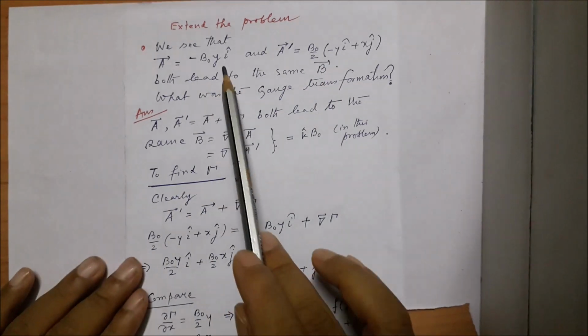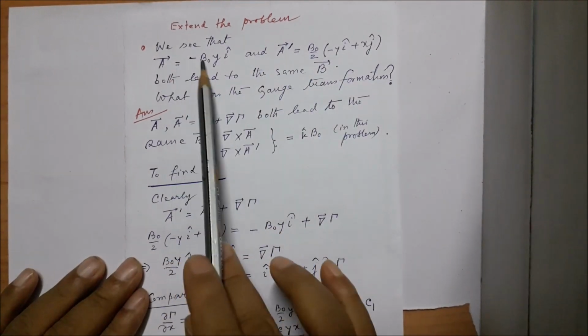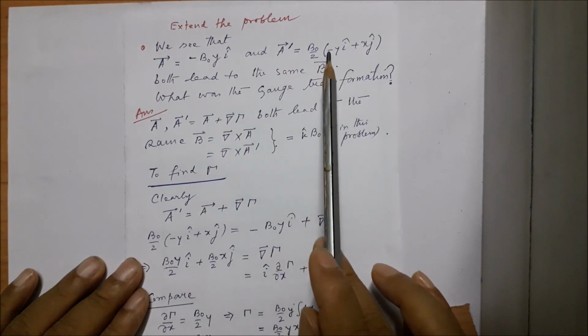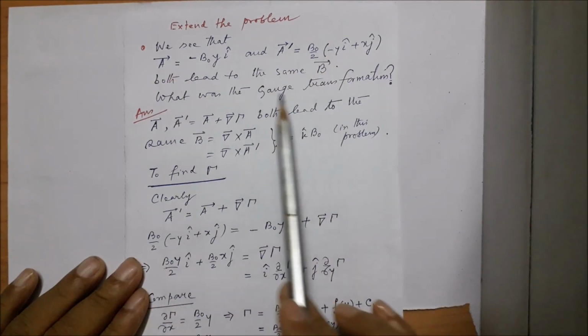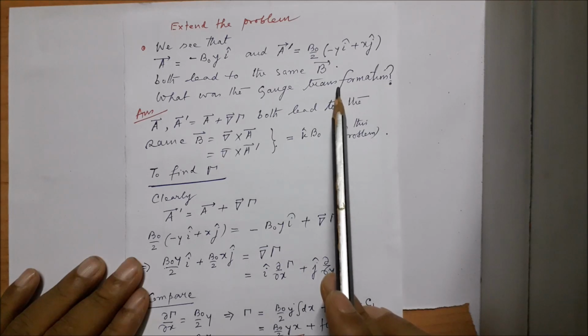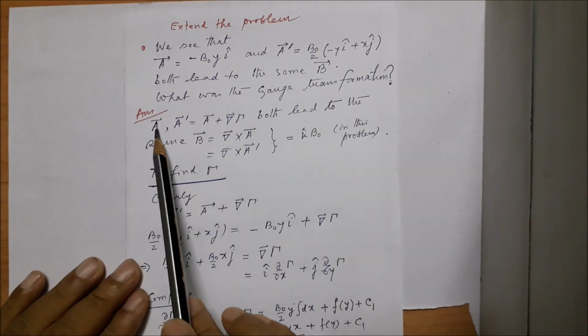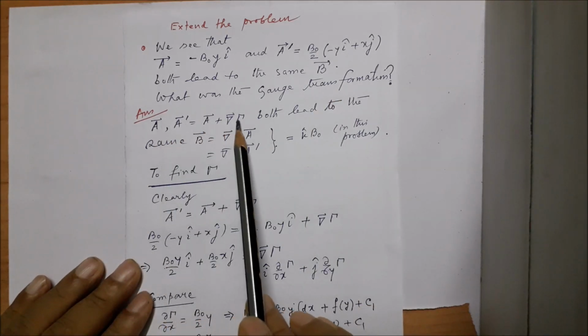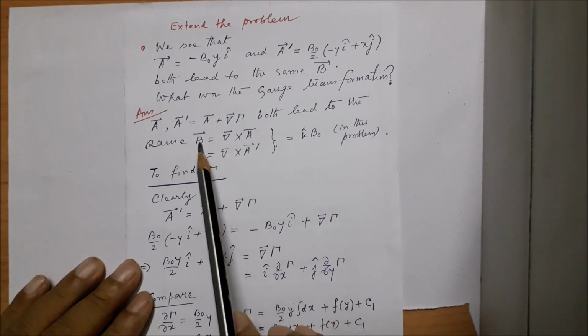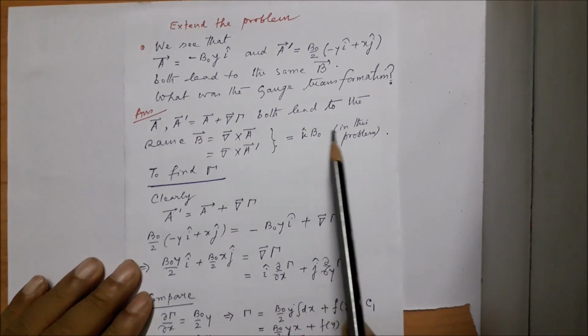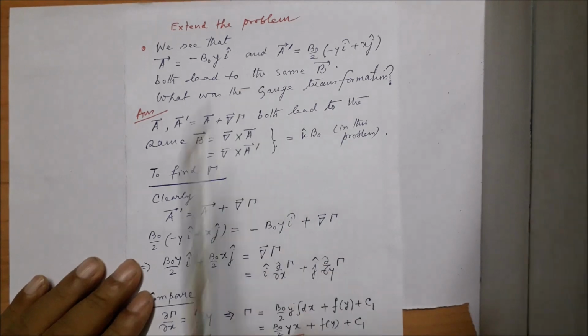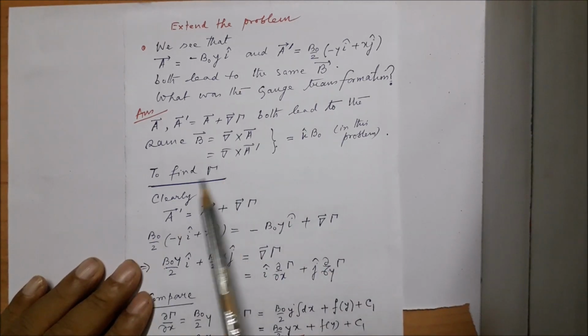So we can ask, what is the transformation that connects this A with this A? And this transformation is called gauge transformation. Now vector A and vector A plus grad gamma both lead to the same B, k cap B0 in this problem. Now the problem is to find this gamma.